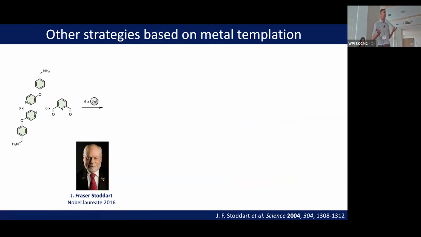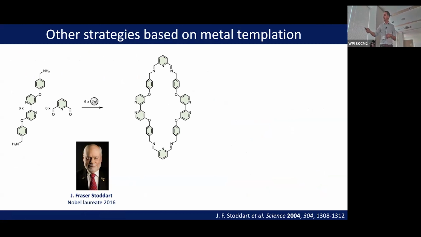One of the most iconic syntheses which has ever been performed was done by Fraser Stoddart, where he took two different molecular components that undergo condensation to form this macrocycle. And then upon addition of zinc, it binds here and there.